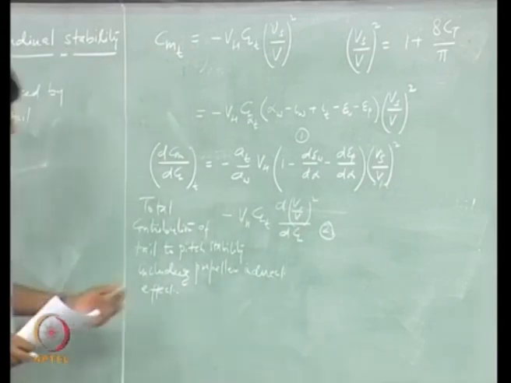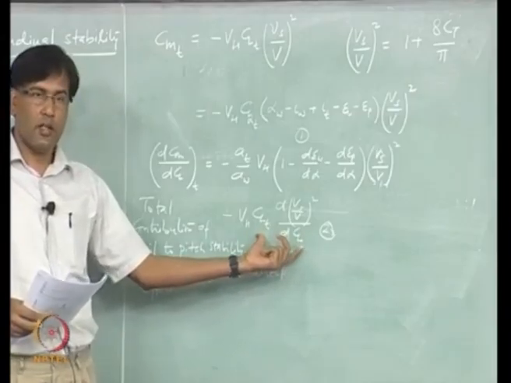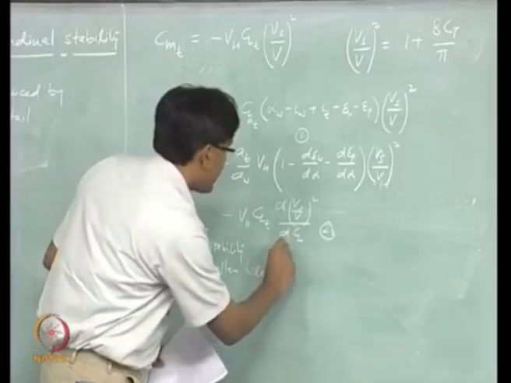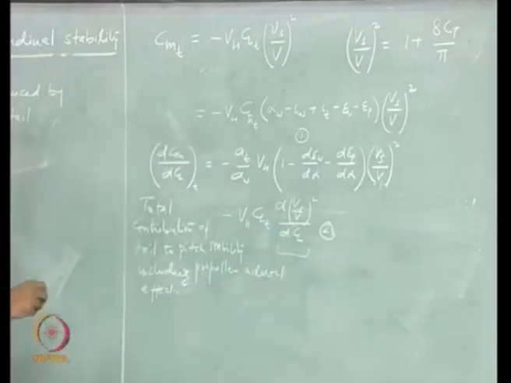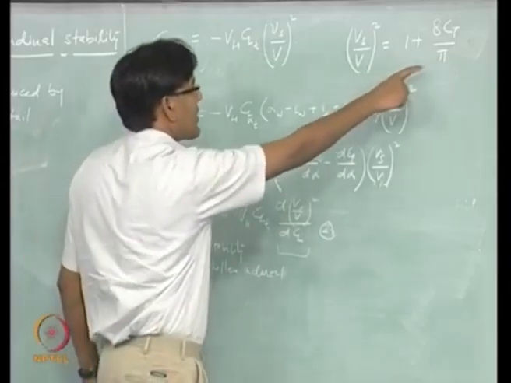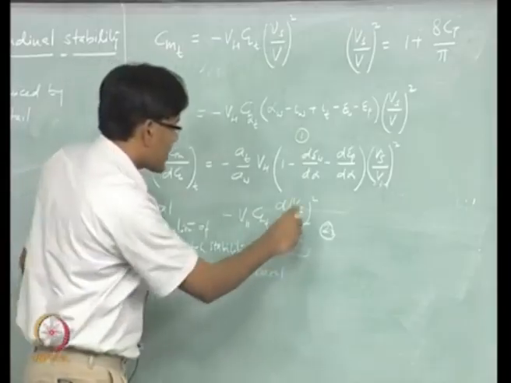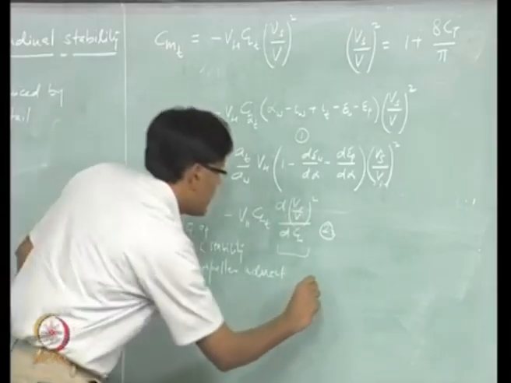All right. What effect is this term going to have? Now, this derivative, again you have to take the derivative of this with respect to CL. So, this is going to be positive, right.